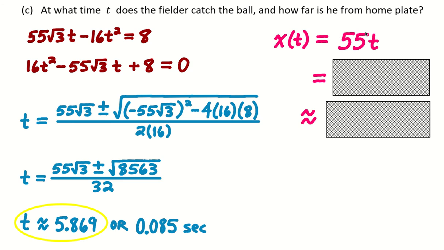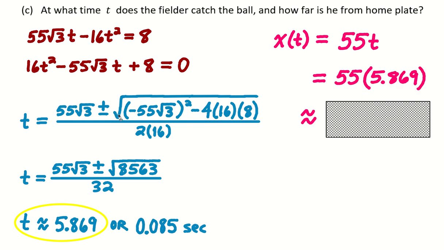For a second I thought we could set this equal to 8, but no, that's not what we're going to do. The x component of the position vector is 55t. Now we know the t value, and we can figure out the horizontal component of the position vector.